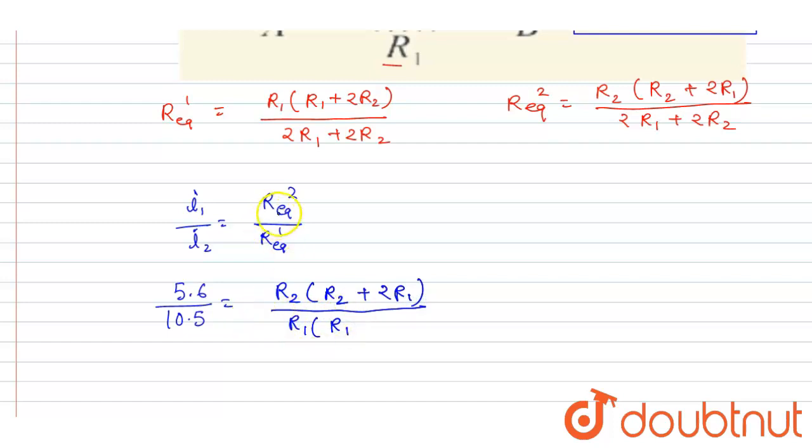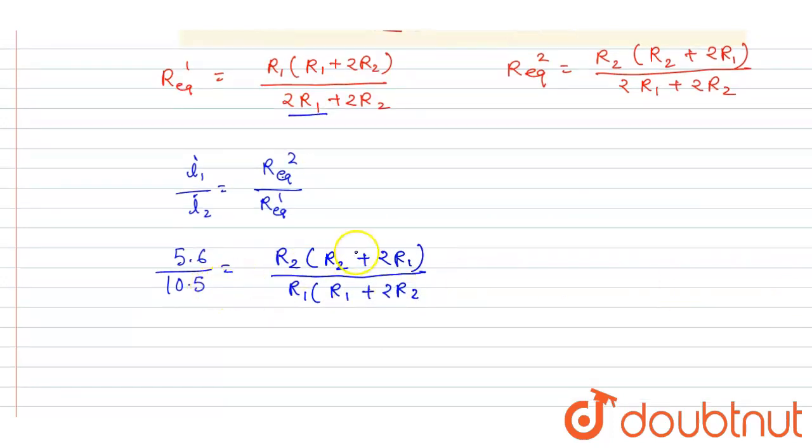For the first case, R1 was in parallel and the resistance was this, and for the second case, R2 was in parallel and the resistance was this, and this will get cancelled out in the denominator. So we got this resistance. Now we can further solve it to get the ratio.